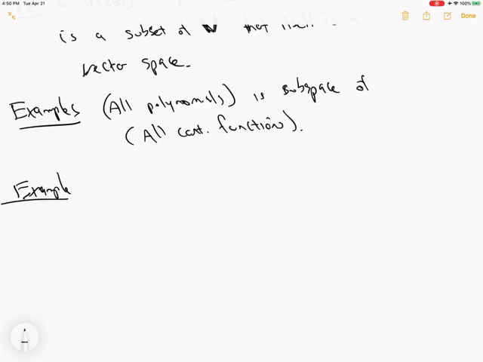Here's another example. Say we consider all vectors of the form, say, x, y, 0 in R3. So I'm describing now a subset of vectors in R3.